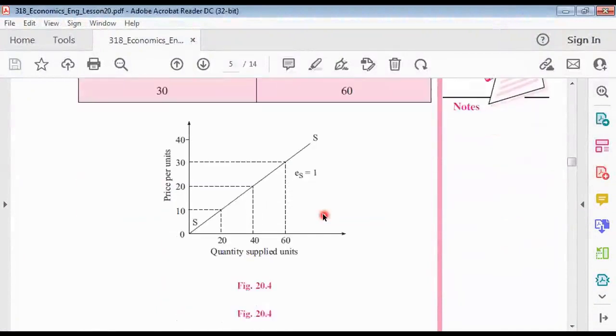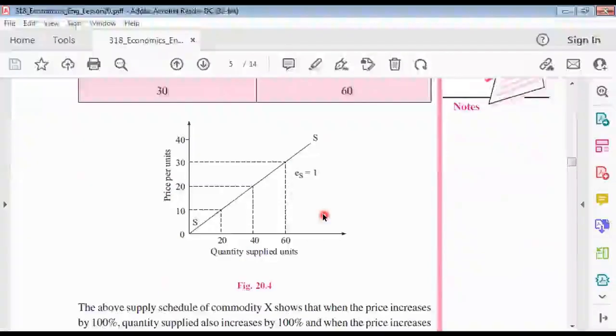So the graph exactly looks like this, and common sense says this line would be at a 45-degree angle, because for greater than 1 we had a really flatter supply curve, for less than 1 we had a steeper supply curve, and for unitary elastic supply, or equal to 1 value, common sense says that we will be drawing the supply curve at a 45-degree angle. That's what you see in the graph.